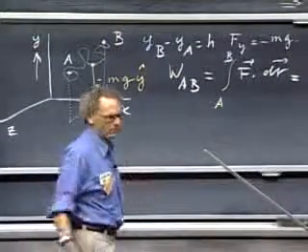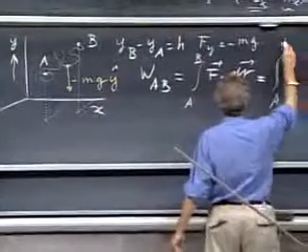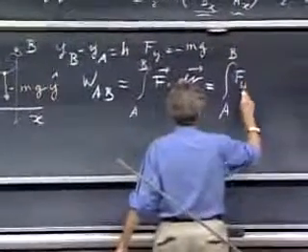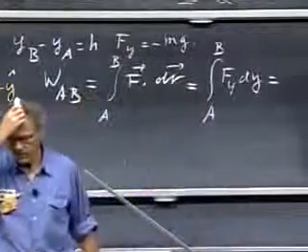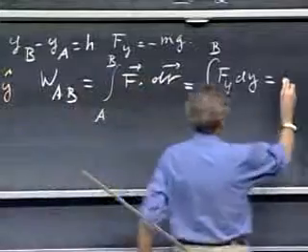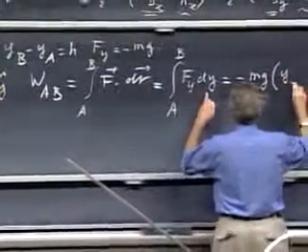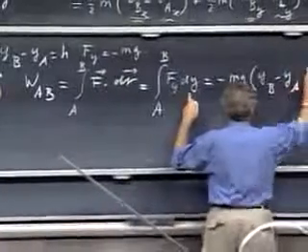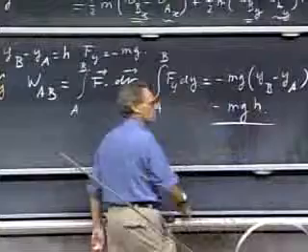The other terms have nothing in it. So it is the integral in going from A to B of fy dy. And that equals minus mg times y of B minus y of A, so that is minus mg times h.